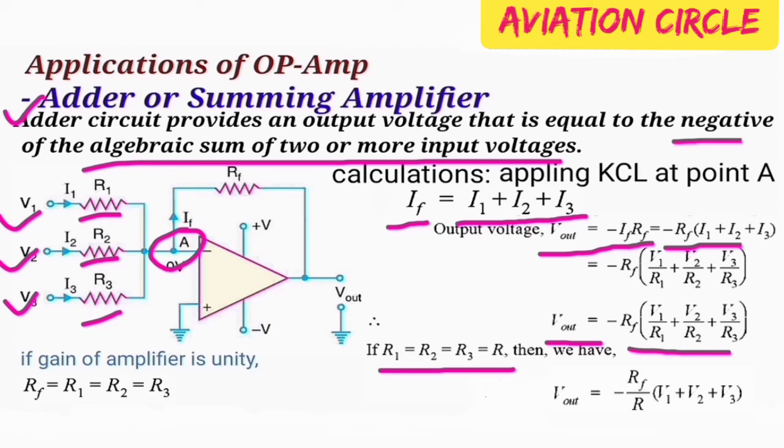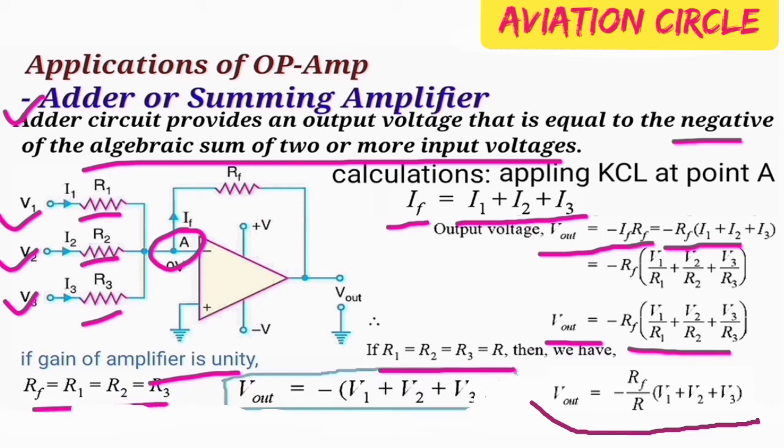If the gain of the amplifier is unity, then RF equals R1 equals R2 equals R3. Then our voltage output equals minus of (V1 plus V2 plus V3). Here the minus sign shows the phase reversal.